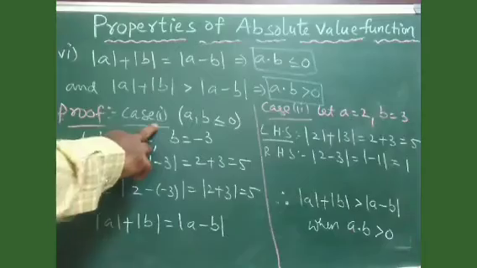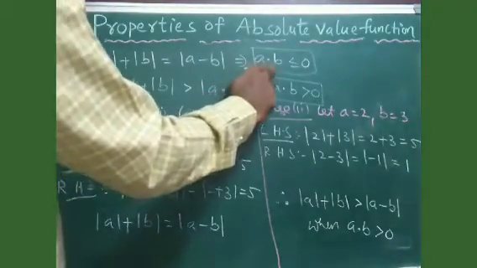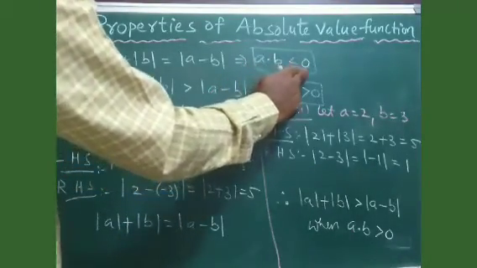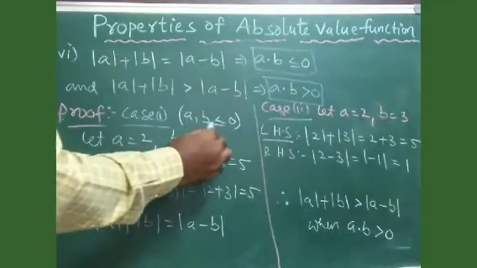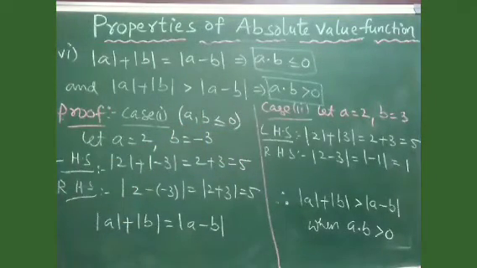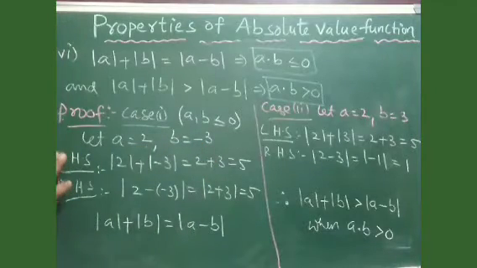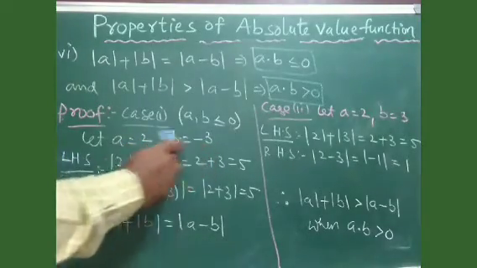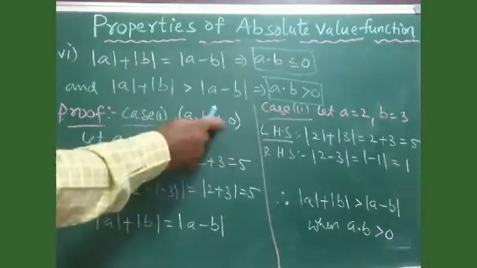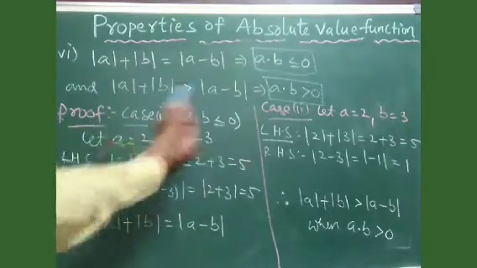Case 1. I want to proceed with the product of the numbers less than or equal to 0, that is A into B less than or equal to 0. Hence I want to consider A equals 2 and B equals minus 3, because their product is negative or 0, less than or equal to 0.